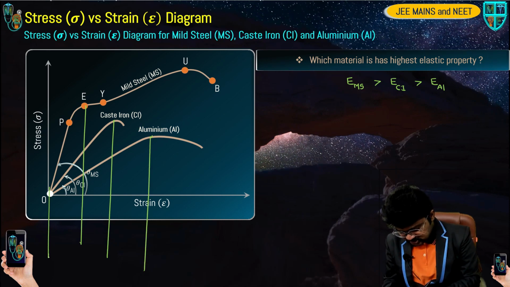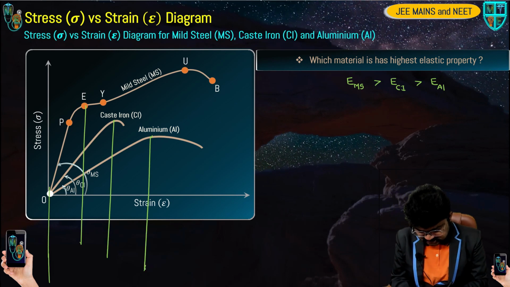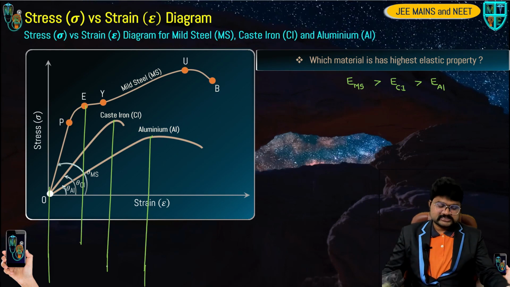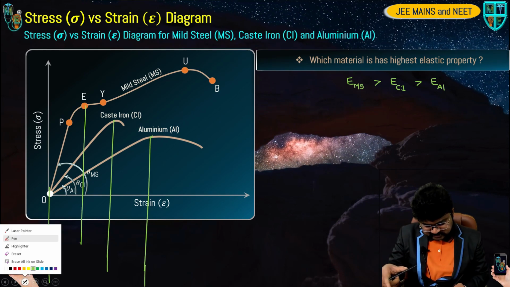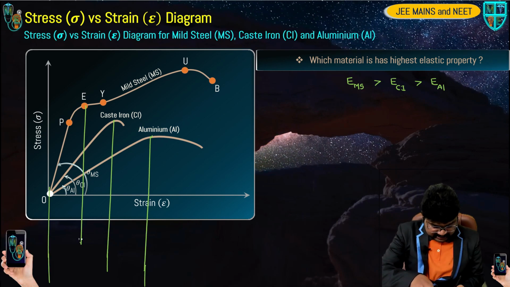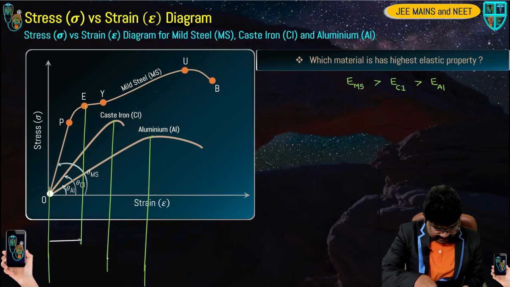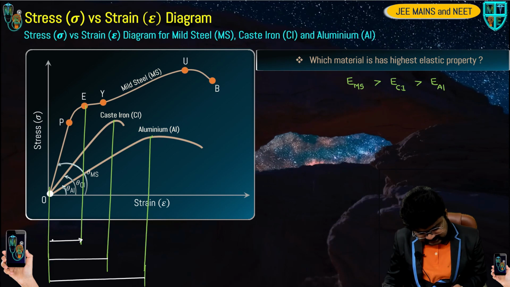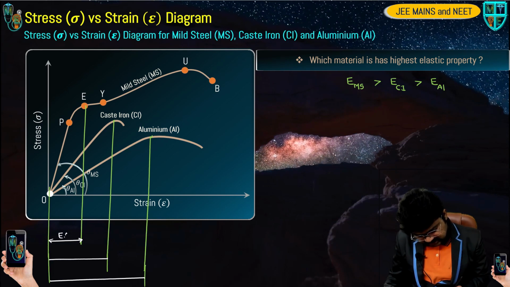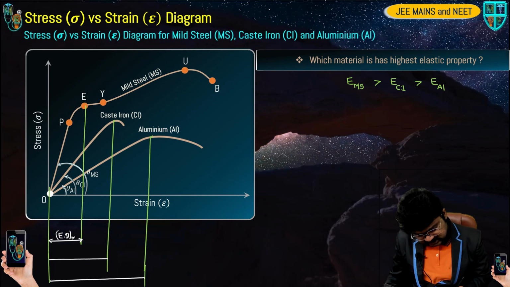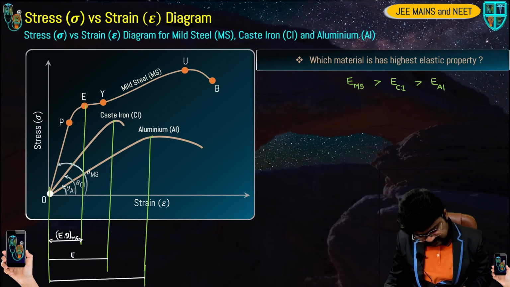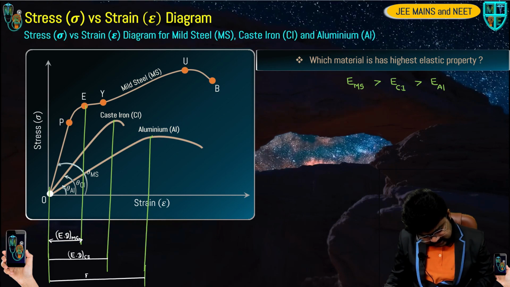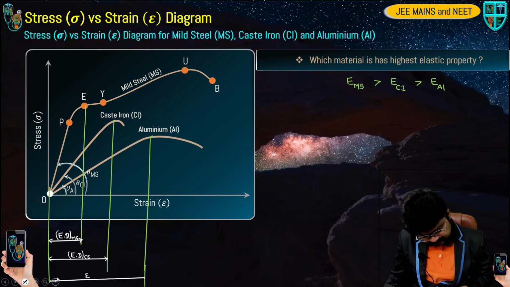Higher the Young's modulus, lesser will be the elastic deformation of the material. This would be elastic deformation of mild steel, elastic deformation of cast iron, elastic deformation of aluminium.